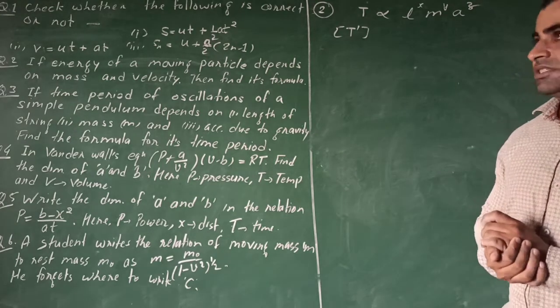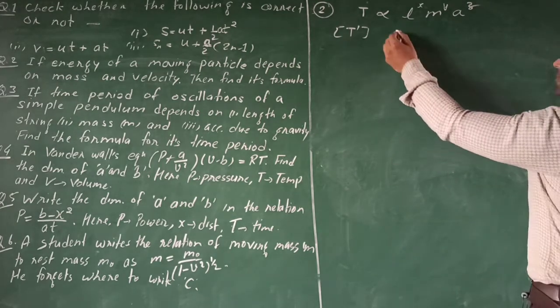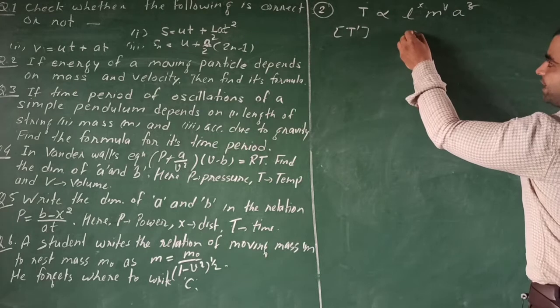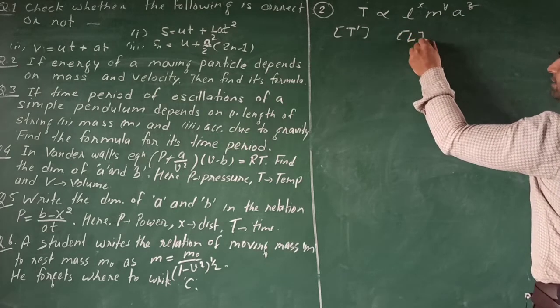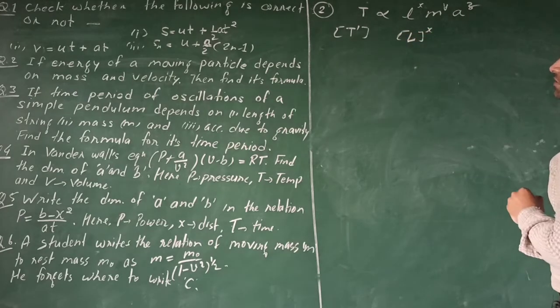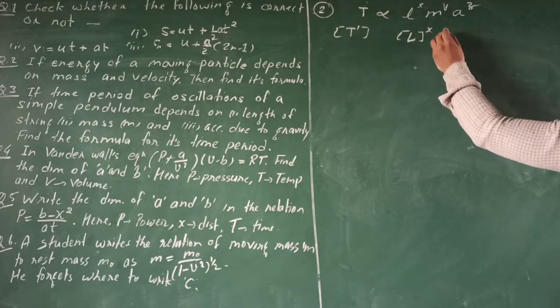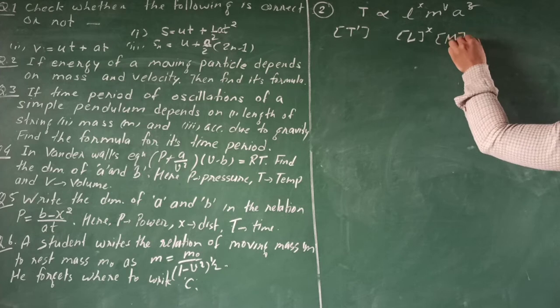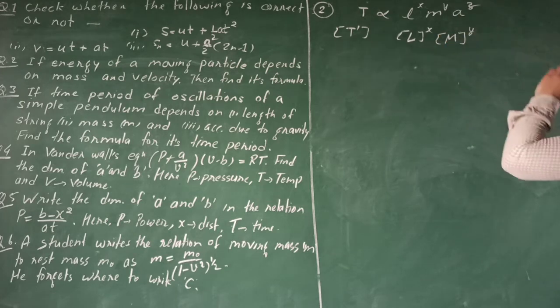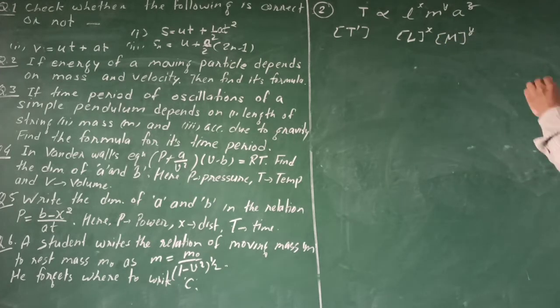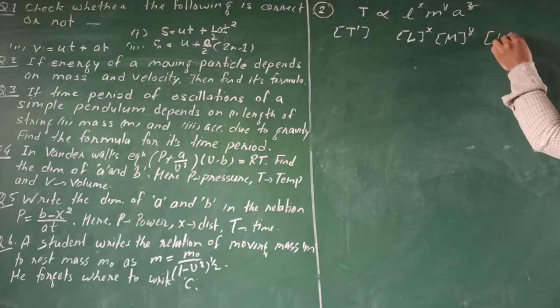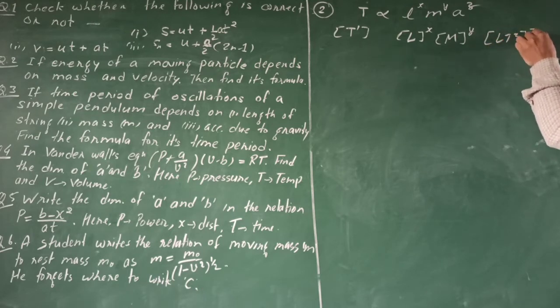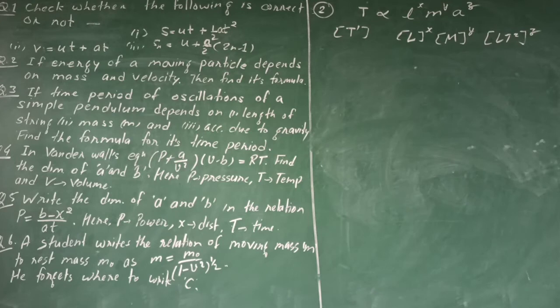Okay, can we find out it? L is the length. Here L raised to power x. M is the mass. M has the dimension M and its power will be y. Acceleration has dimension L T minus 2 and its power is z.